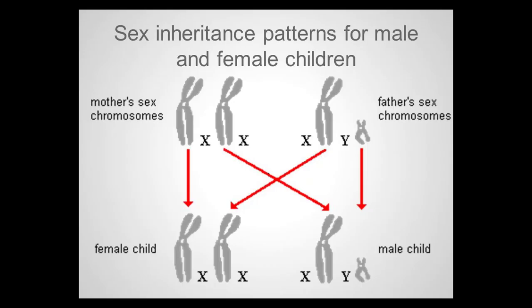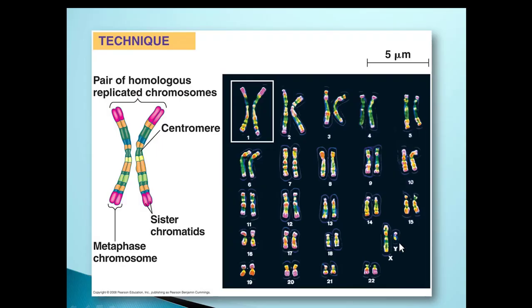The mother gives only X, so gender depends on the father's chromosome. It means that if the father gives an X chromosome, the future baby will be a girl. But if the father gives a Y chromosome, the baby will be a boy.